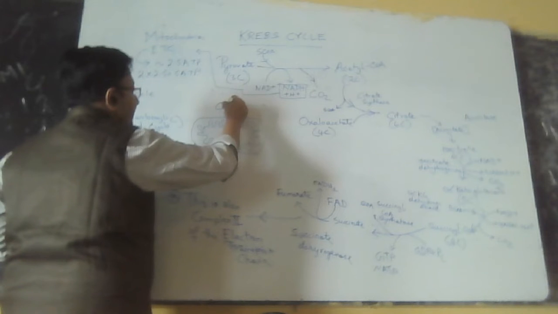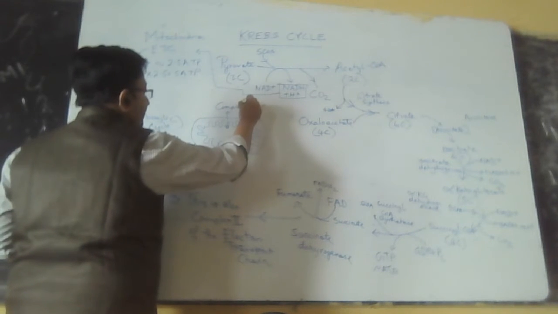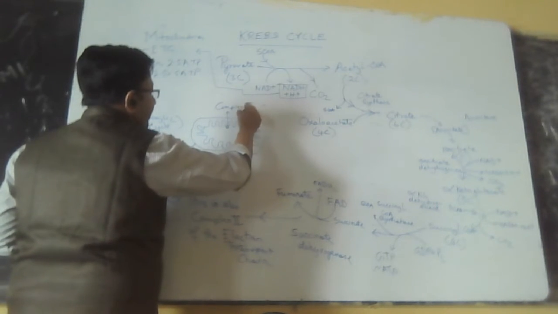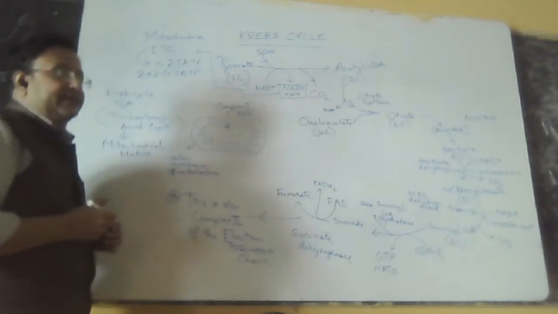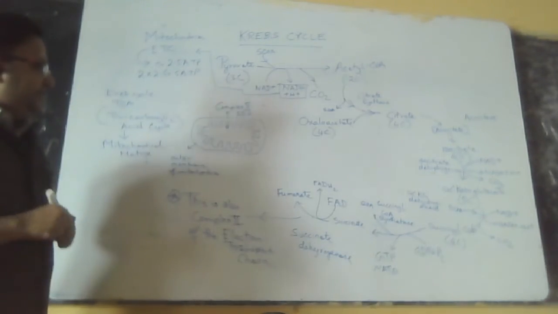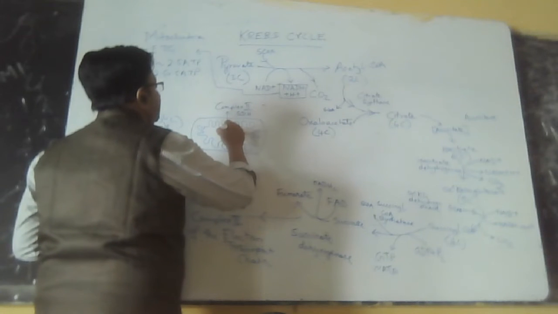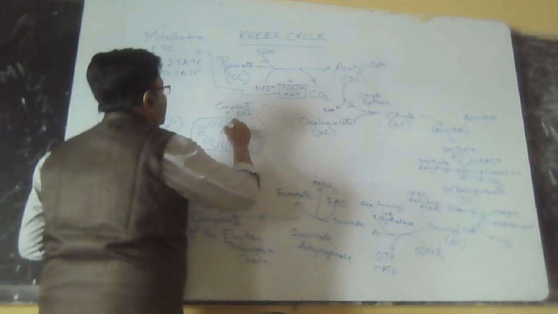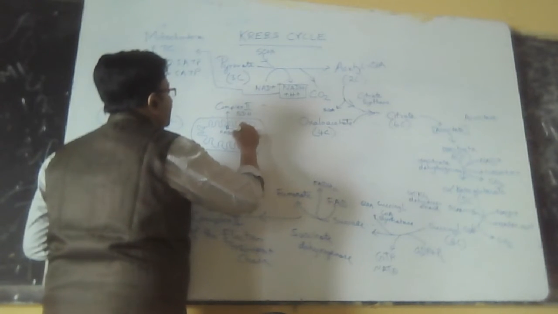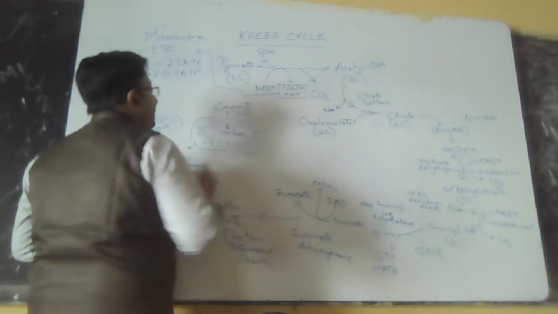This is the complex 2, SDH, succinate dehydrogenase complex. This converts FAD to FADH2.